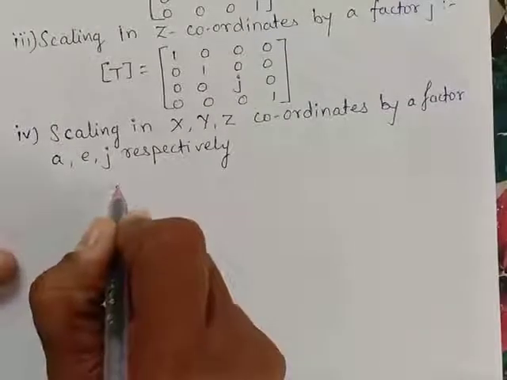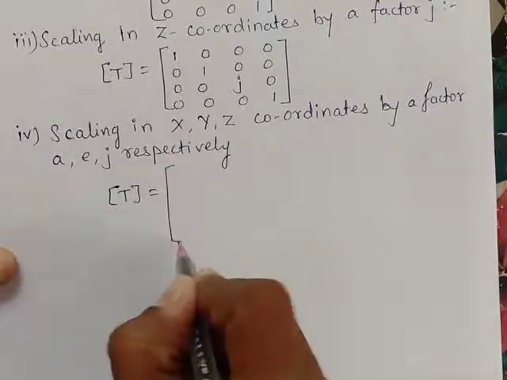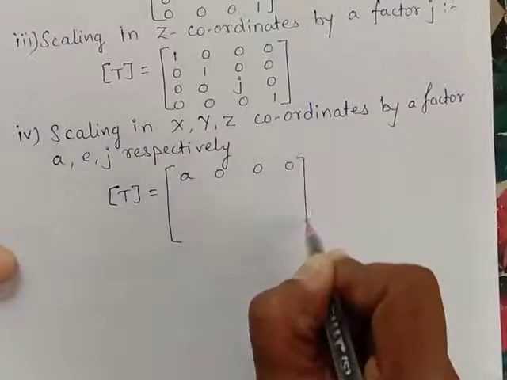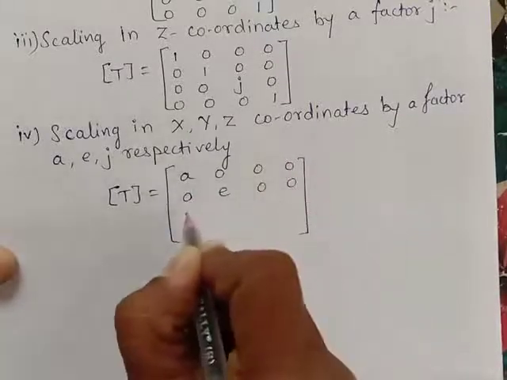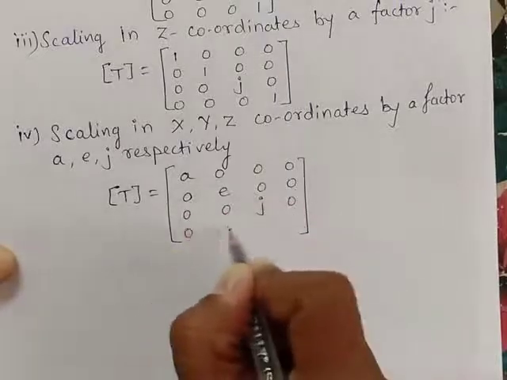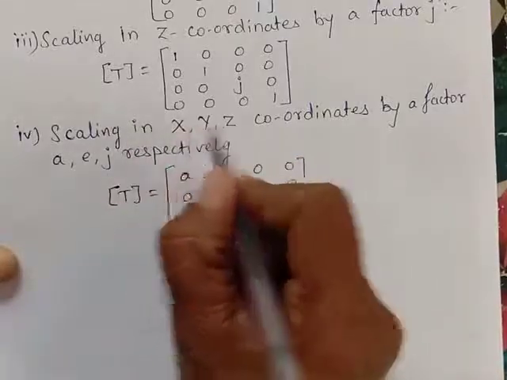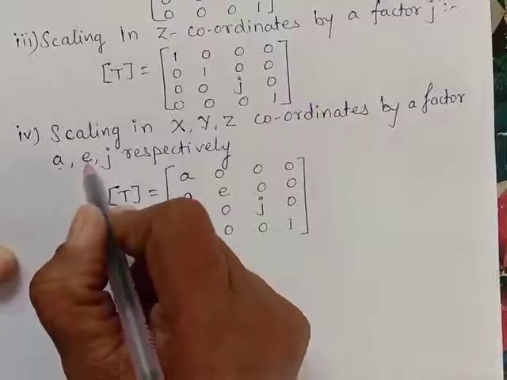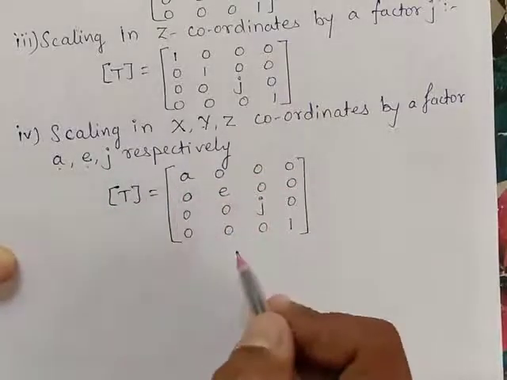This transformation matrix is given as A 0 0 0, 0 E 0 0, 0 0 J 0, 0 0 0 1. Scaling in x coordinate by A units, in y coordinate by E units, and in z coordinate by J units. So we will write them as such.